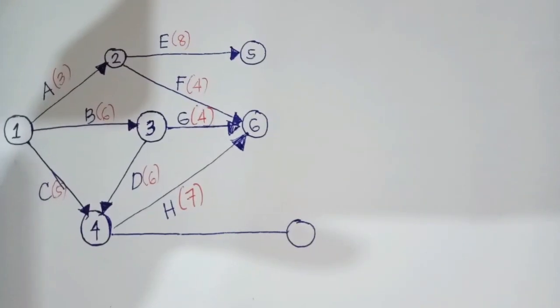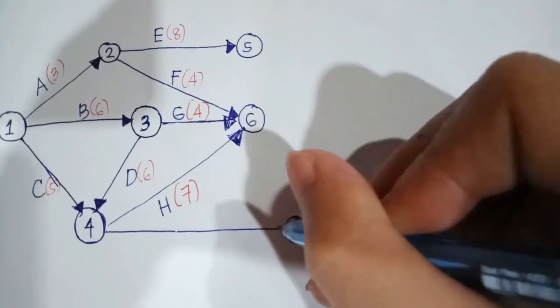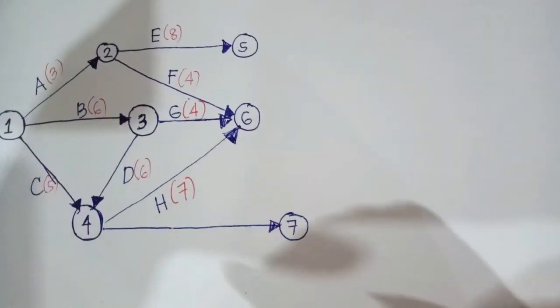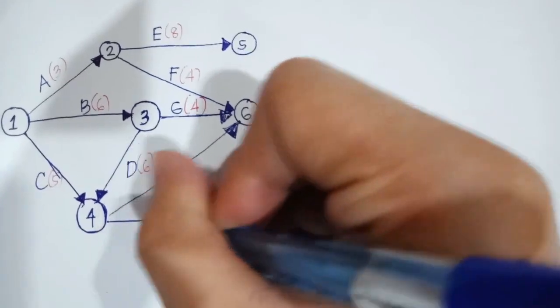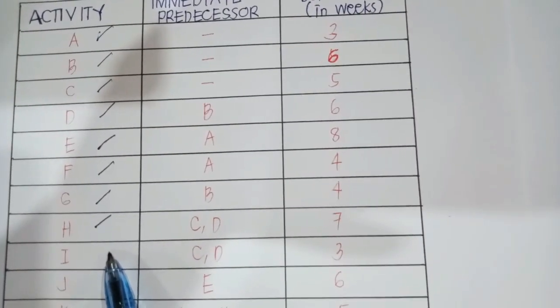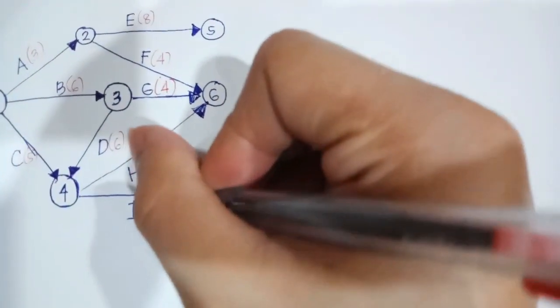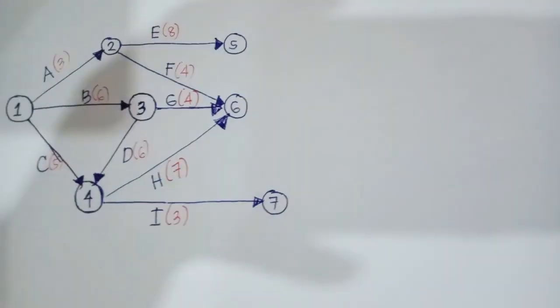Okay, there. And this now becomes our node number 7. Okay, so this is activity I. Our activity I has a duration of 3 weeks. Okay, we have 3 weeks.